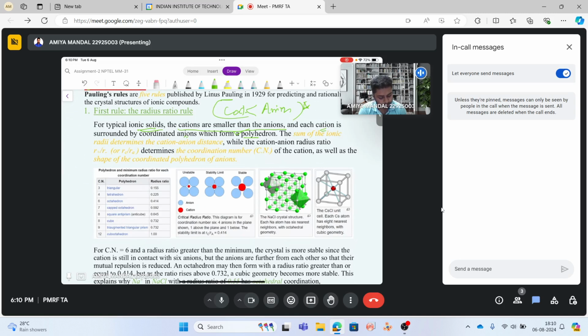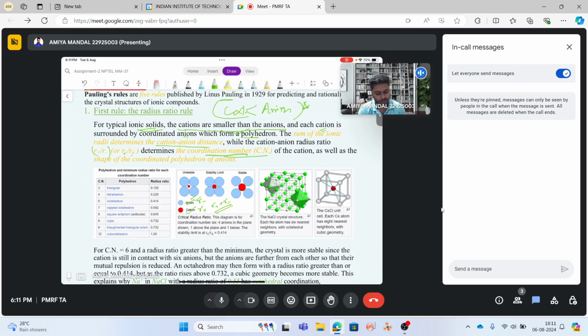If you see this figure, the small ion is the cation and the large ion is the anion. The sum of their ionic radii, R plus for the cation and R minus for the anion, gives you the cation-anion distance. The cation-anion radius ratio, R plus by R minus or RC by RA, determines the coordination number.